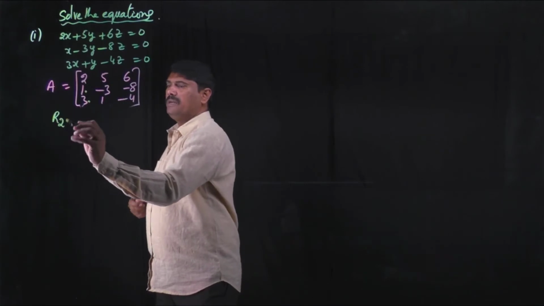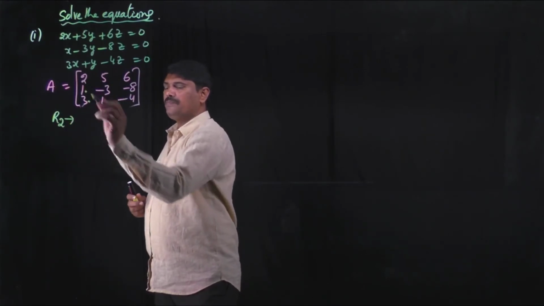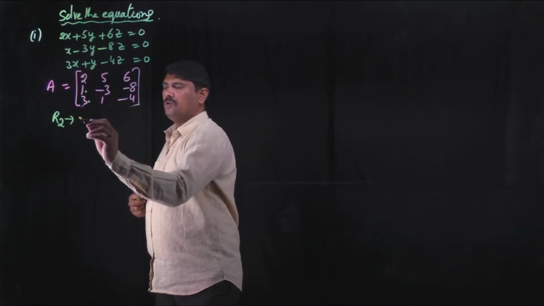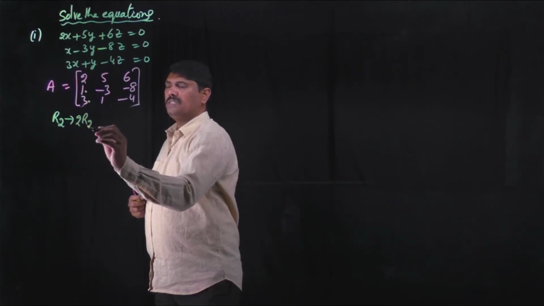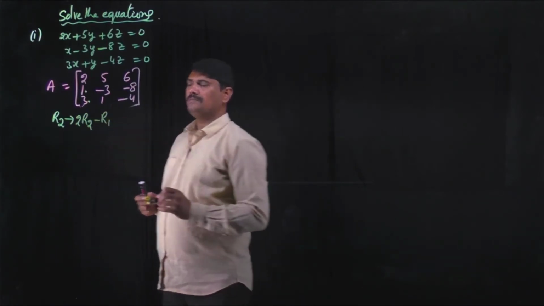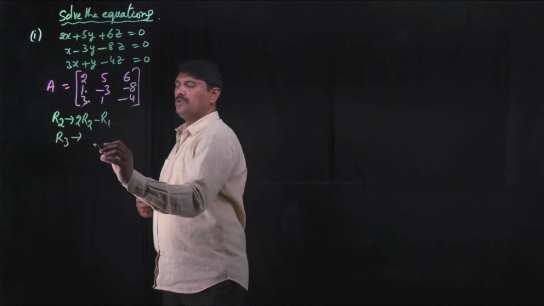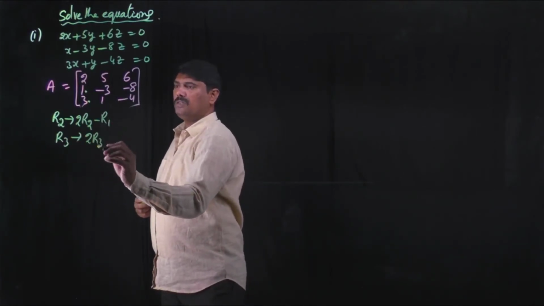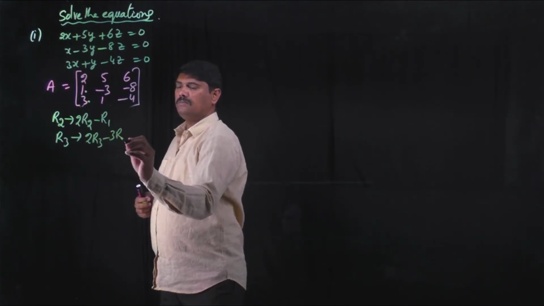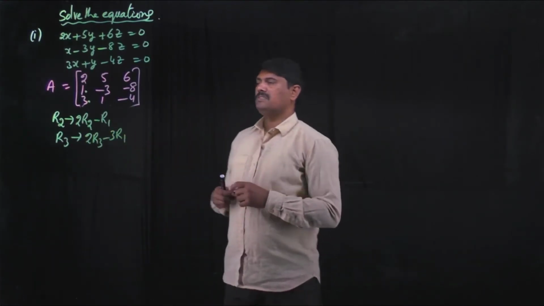That's why we use elementary row operations like this. So 1 becomes 0 when you consider 2R2 minus R1, and 3 becomes 0 if you do 2R3 minus 3R1.